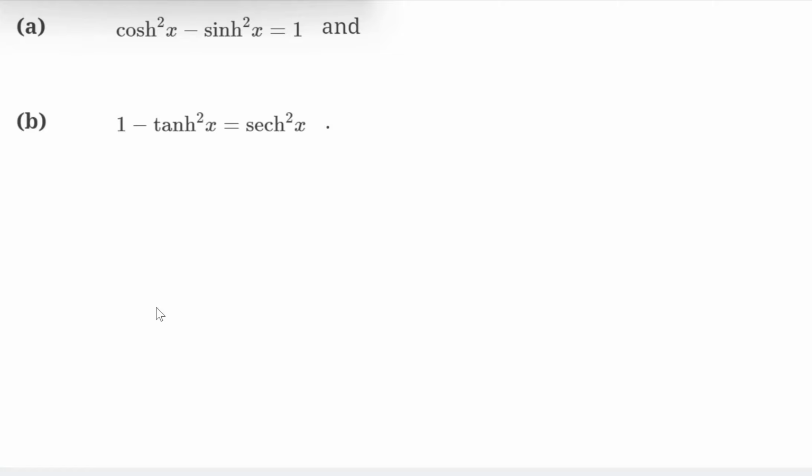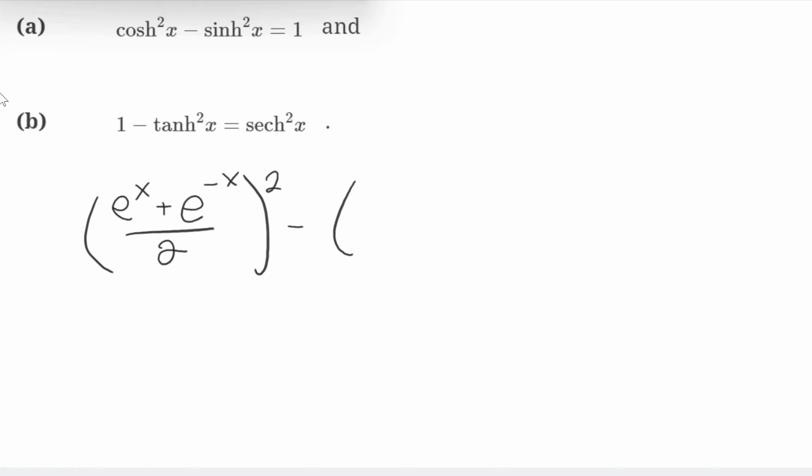The easiest way to do this is to go back to what the actual rules were. So what was cosh? It was e to the x plus e to the negative x over 2 squared, and then minus e to the x minus e to the negative x over 2 squared equals 1. So my goal is to prove that's true.